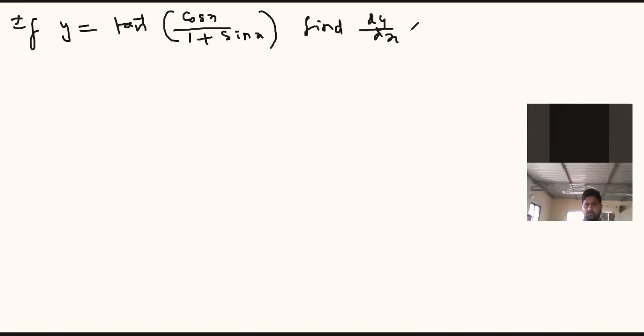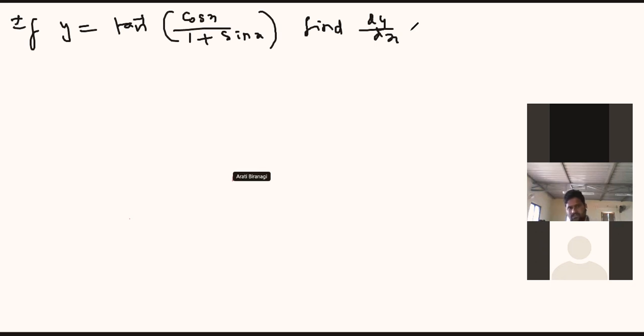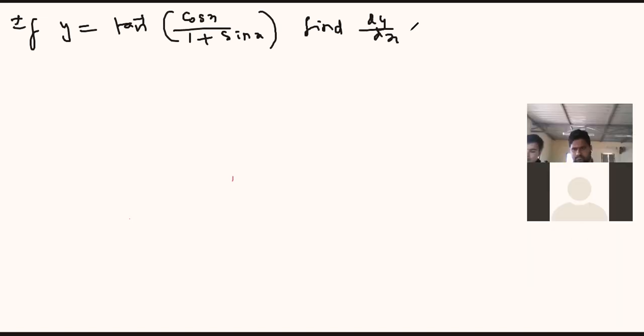If y equal to tan inverse of cos x by 1 plus sin x, then find dy by dx. So difficult to know. Anybody solve this?